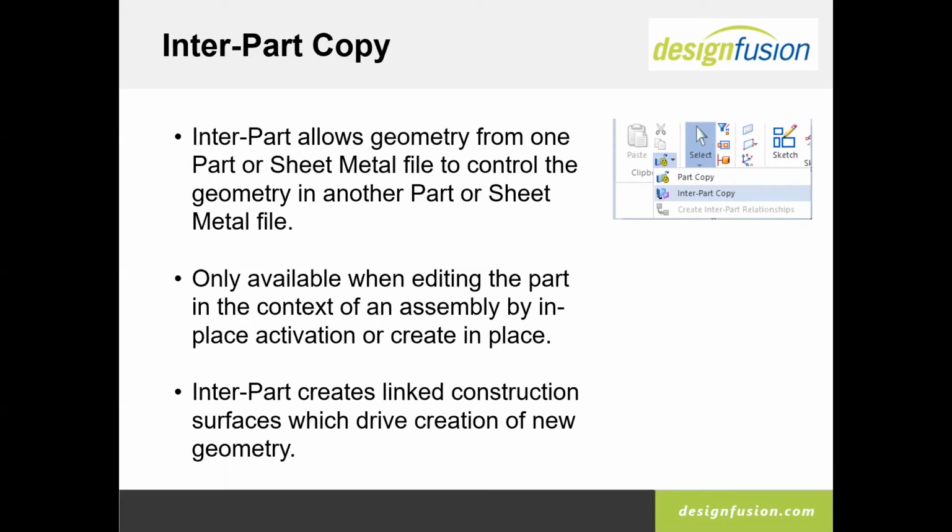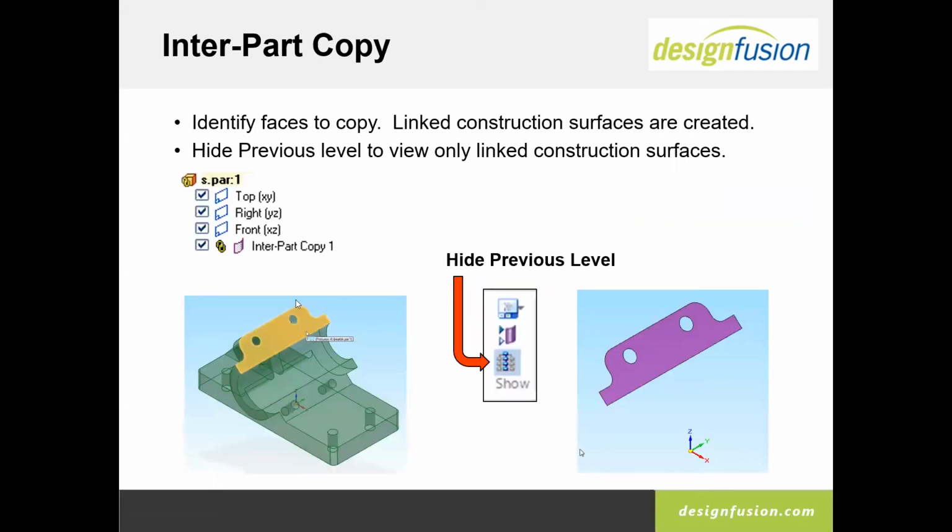You need to be inside that part within an assembly to use this functionality. What it allows you to do is select a face or faces of an underlying assembly component and turn them into associative, excuse me, linked construction surfaces.